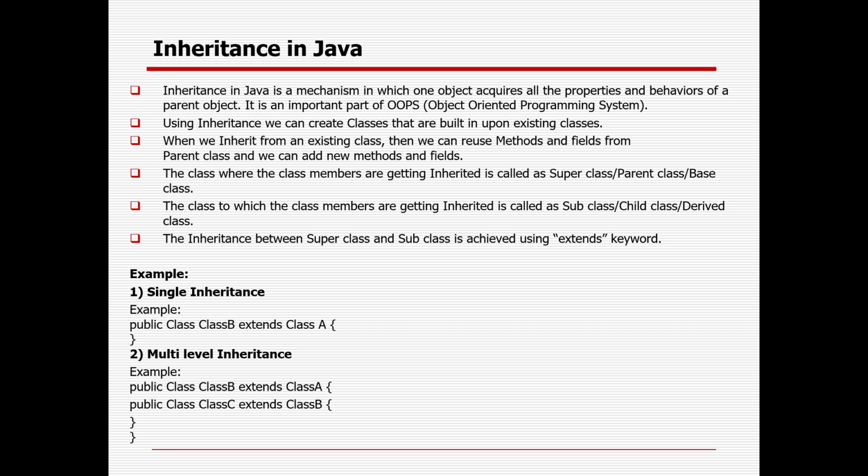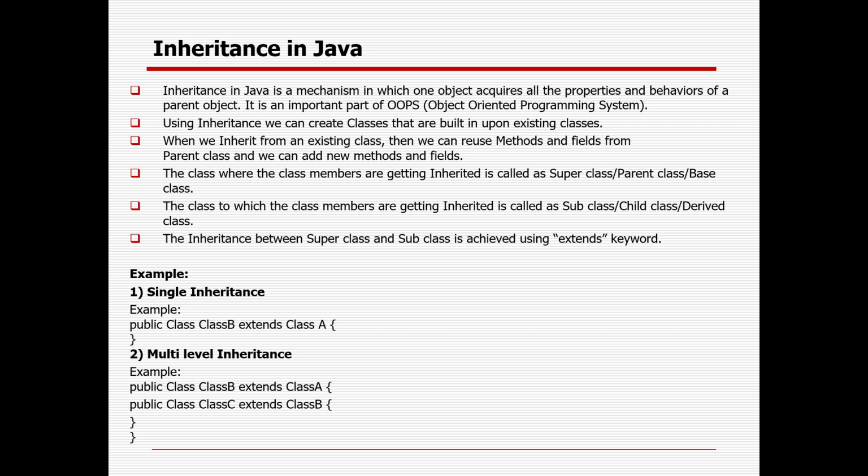So inheritance in Java is a mechanism in which one object acquires all the properties and behavior of a parent object. It is an important part of OOPS. Using inheritance, a user can create classes that are built upon existing classes. When we inherit from an existing class, we can reuse methods and fields from the parent class, as well as add new methods and fields in the child class.